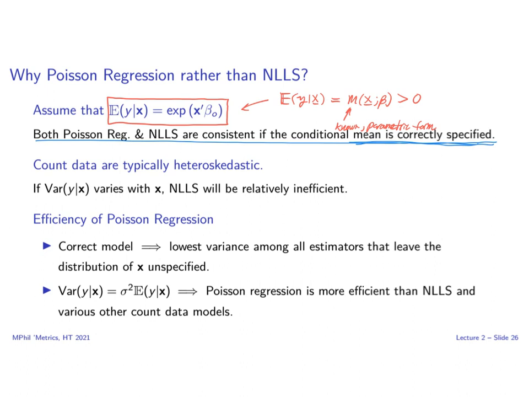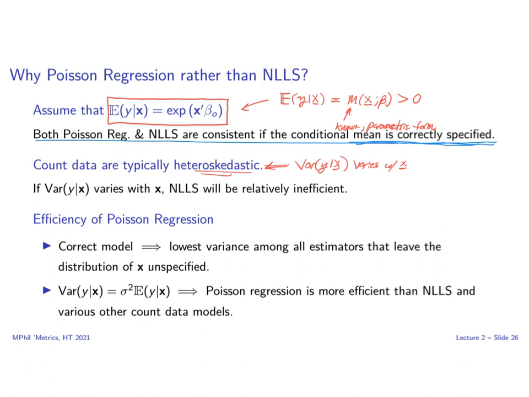So how can we choose between nonlinear least squares and Poisson regression? Well, it turns out that count data are typically heteroscedastic. We can see this in the Poisson model. So under the Poisson assumption, the variance of y given x is equal to the expectation of y given x. So that definitely varies with x. But even without the Poisson assumption, it tends to be the case that count data are extremely heteroscedastic.